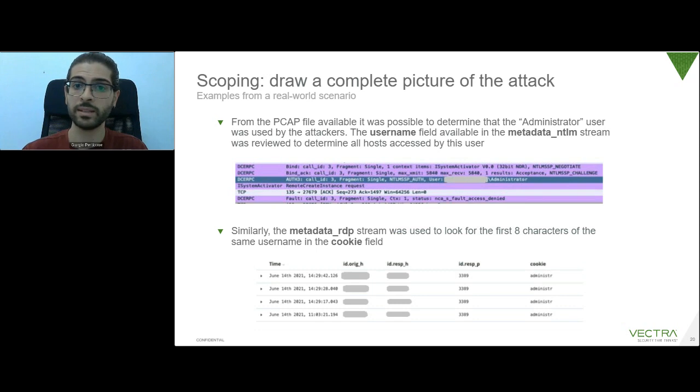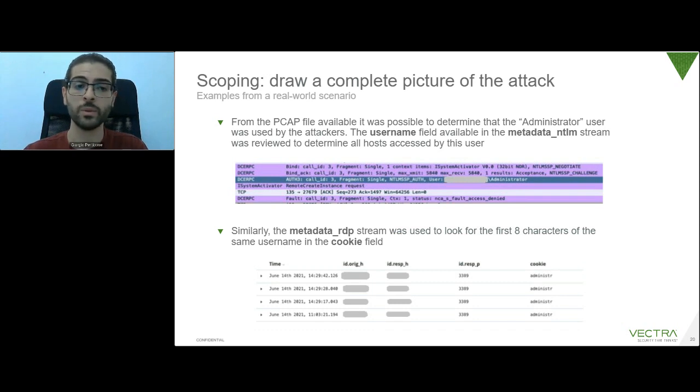Same thing with the same username: we used the metadata RDP stream, and you probably know already that RDP sessions, if not encrypted, can include a cookie field that contains the first 8 characters of the username used for that RDP session.